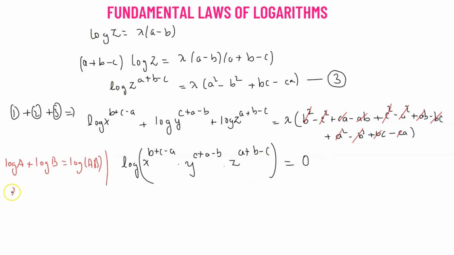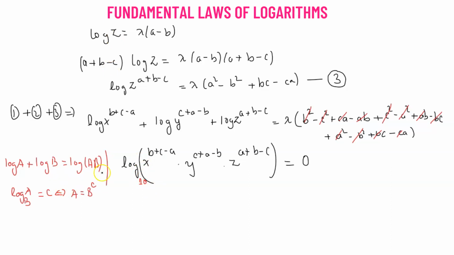Our definition of logarithm is: if we have log of A with base B, and if this value equals C, then A equals B raised to the power of C. In a case where the base of the logarithm is not provided, by default we assume it to be 10.